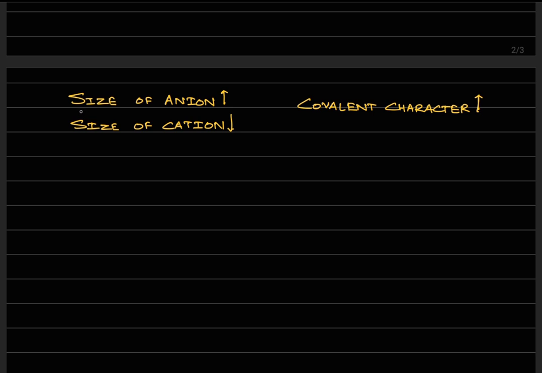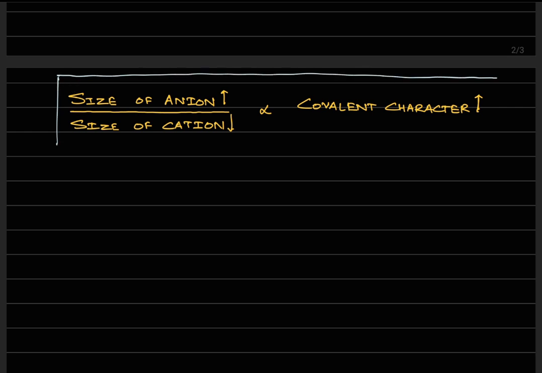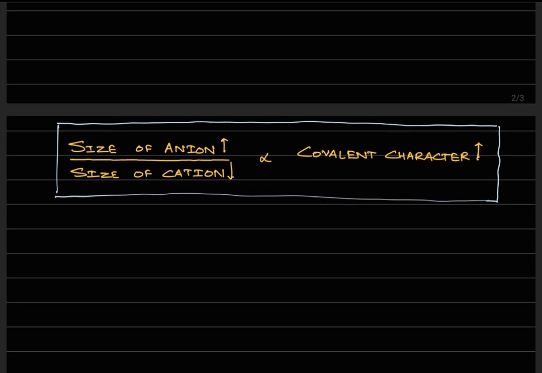So the sizes of anion and cation are related to covalent character, but please remember, the size of anion is directly proportional and the size of cation is inversely proportional. Very, very important.